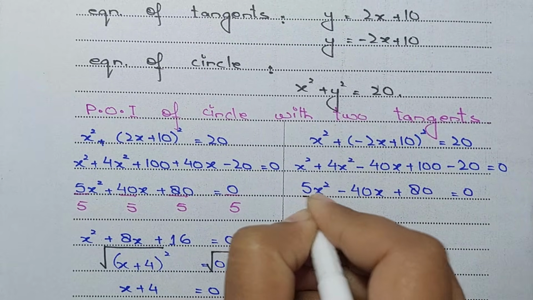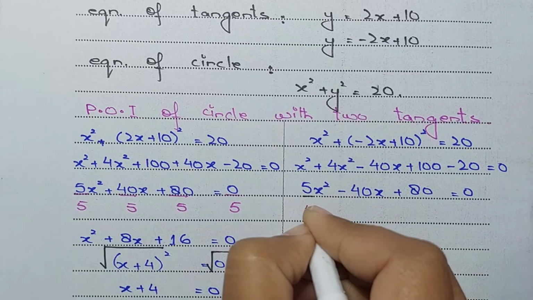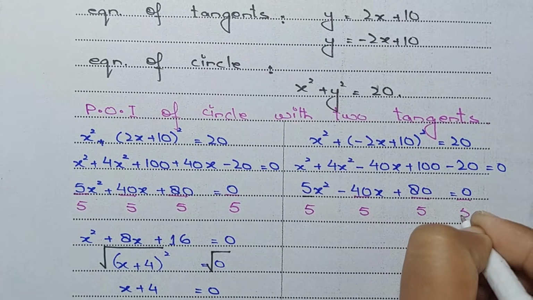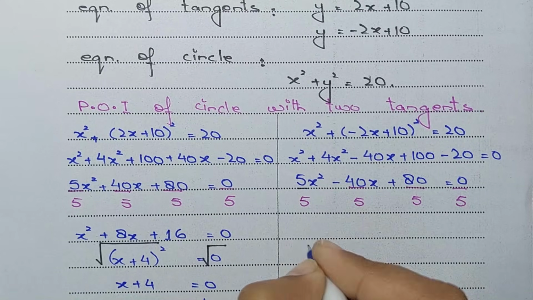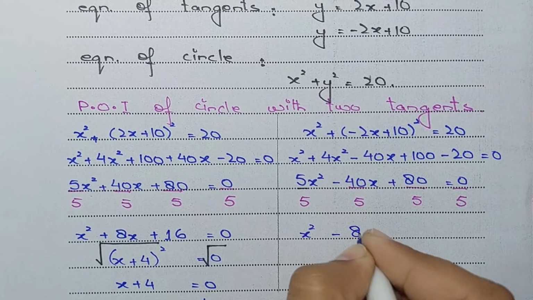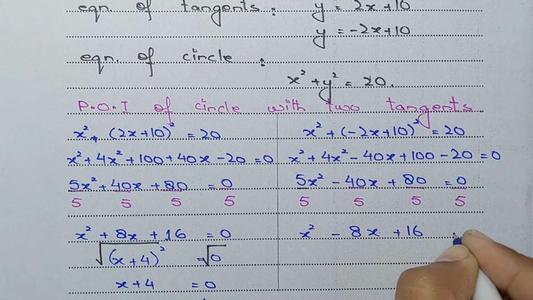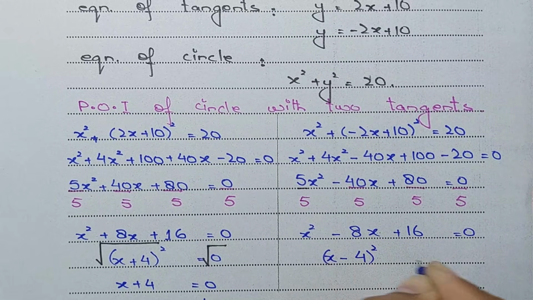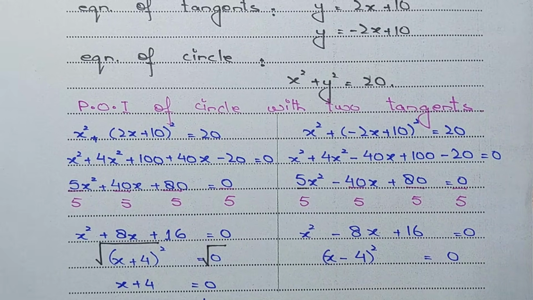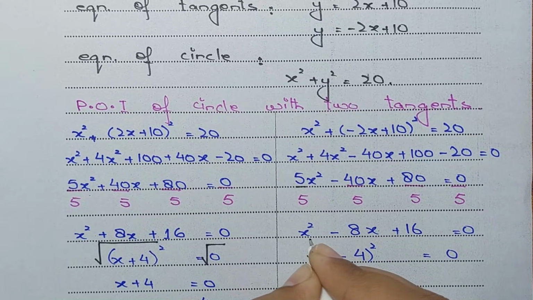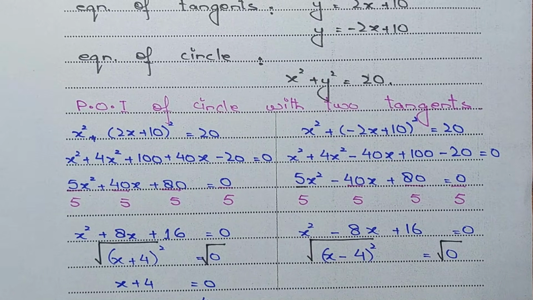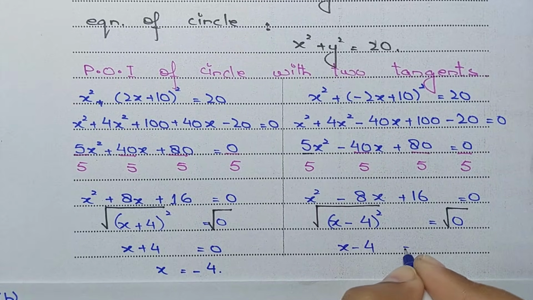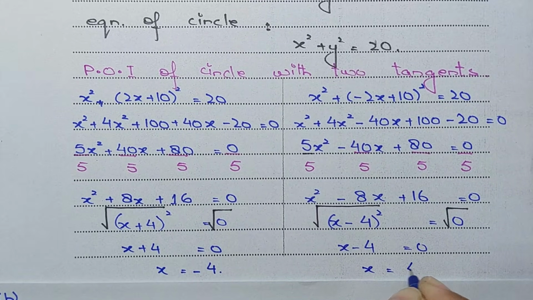Everything is divisible by 5 on both sides. Here you have x square minus 8x plus 16 equals 0. This is x minus 4 whole square equals 0. To get the value for x, take a square root on both sides and we get x minus 4 equals 0. So the x value is 4.